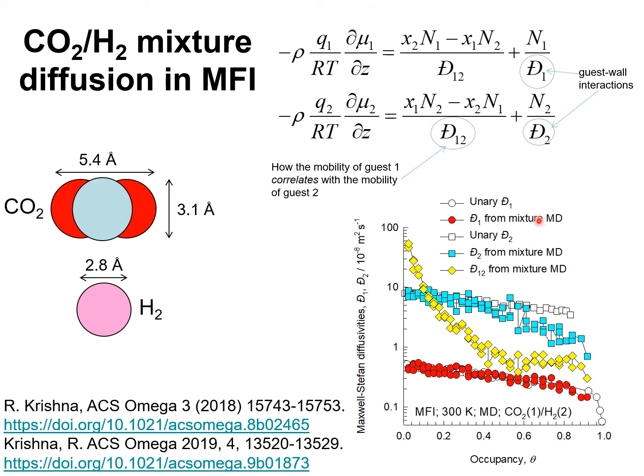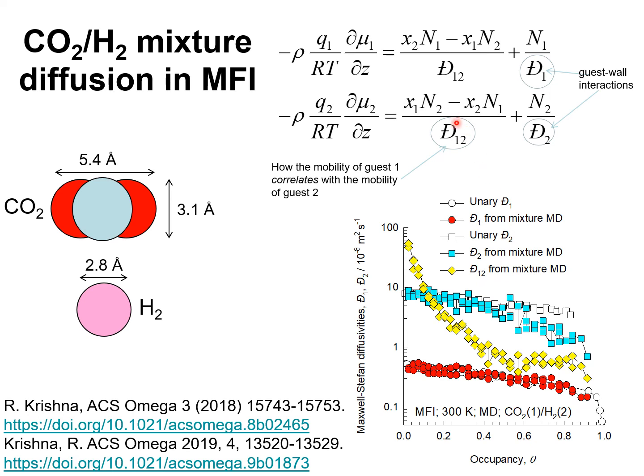From these equations, it implies that this term, which is the frictional contribution of D12, as it were, has a stronger influence on the mobility or flux of hydrogen, component 2, because the resistance is higher than the resistance offered by hydrogen on its own.